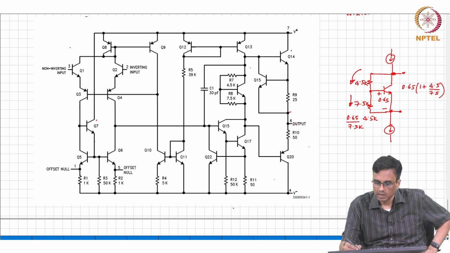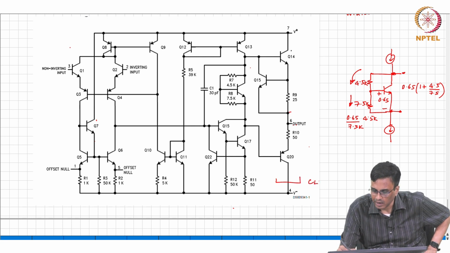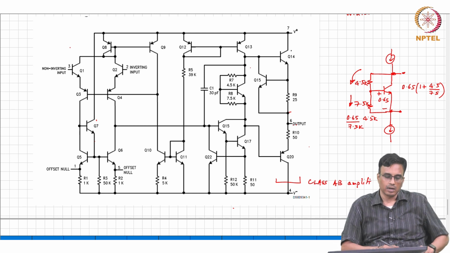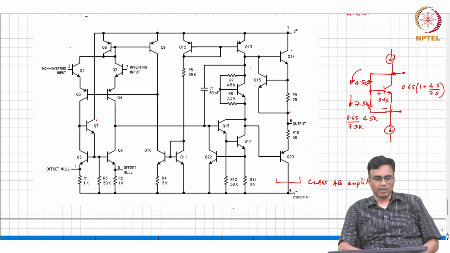This is what is called a class AB stage. But otherwise, a lot of these things, even if you have not seen them, hopefully you can understand them.